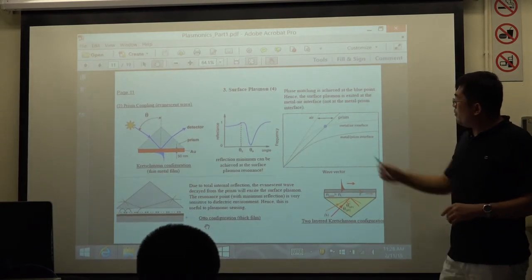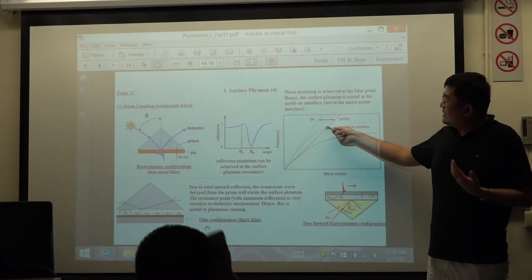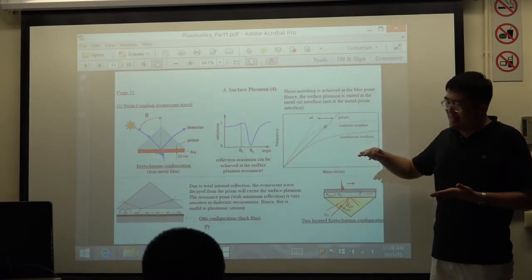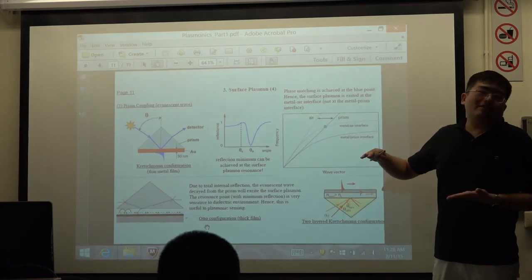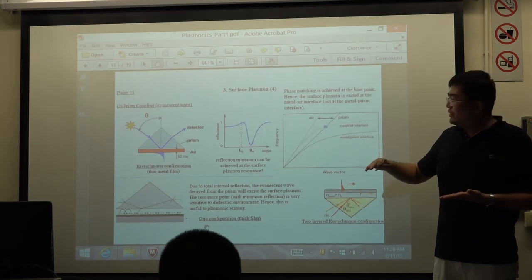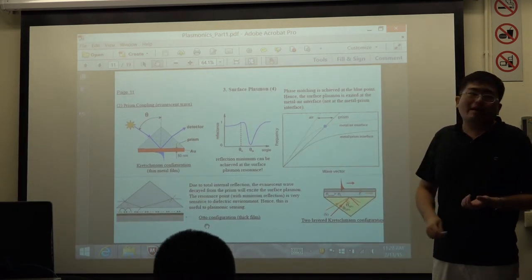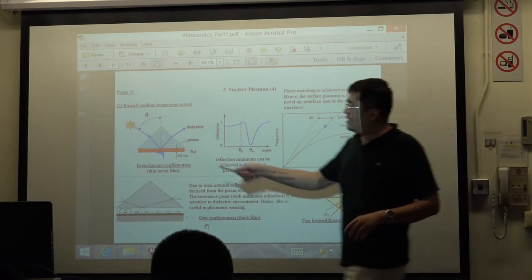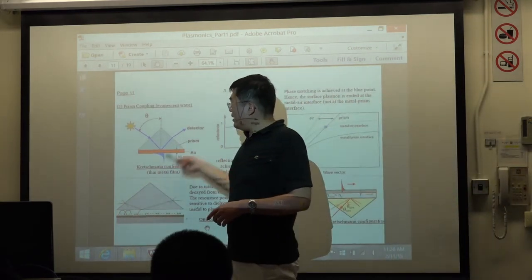Why does the prism have n larger? For the prism, n times K0 is larger than K0, because the refractive index should be larger than 1. So the tangential wave number can be larger than K0, and they can excite the surface plasmon.